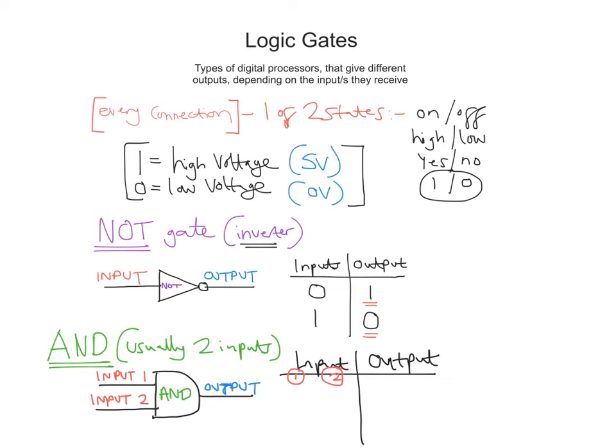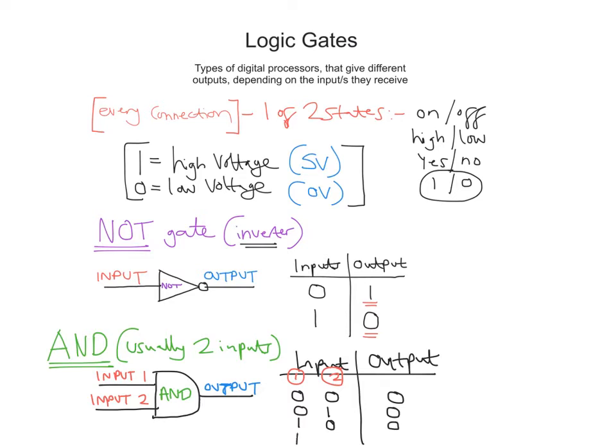If our input at 1 was a 0, and at 2 was also a 0, then our output would be 0. If we had 0 and 1, then our output is also 0. If we had 1 and 0, so if our first input was of 1 value and our second input was a 0 value, that would also come with an output of 0.